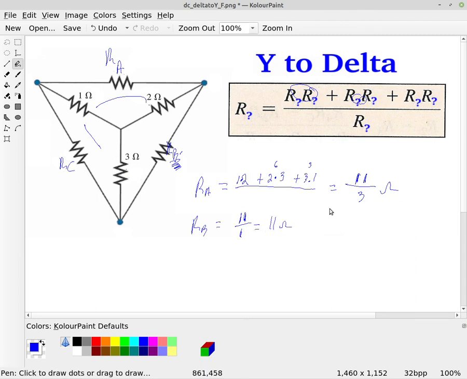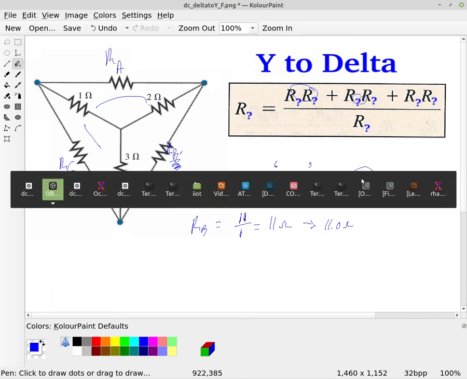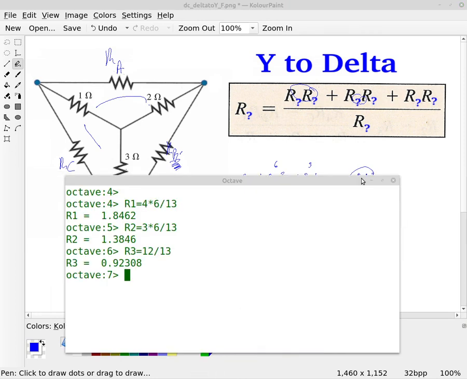Now, if we're going to put these in Blackboard, we're going to have to do the math, of course. So this would be 11.0 ohms for 3 digits. And this one here, I would actually have to do the division. So 11 divided by 3 would be 3.6667.